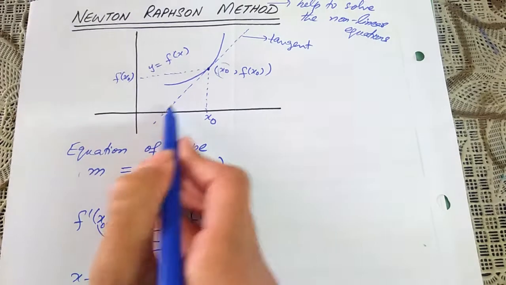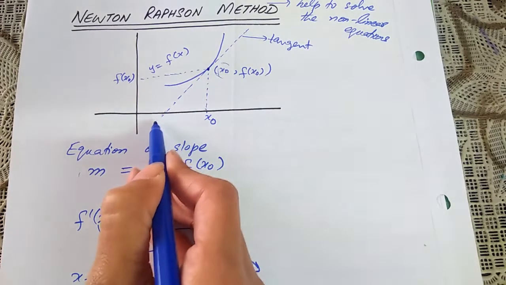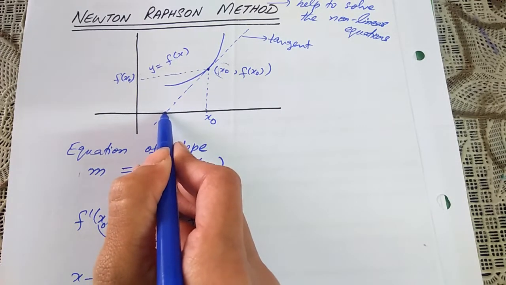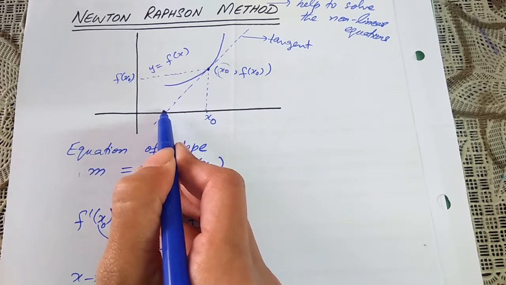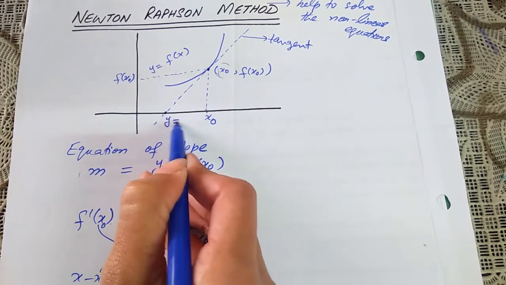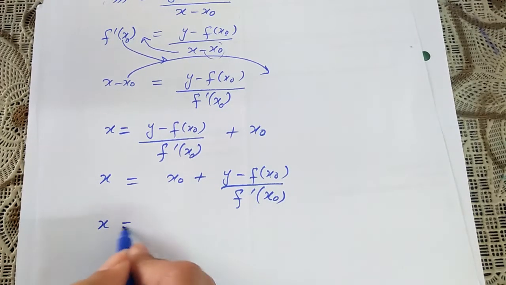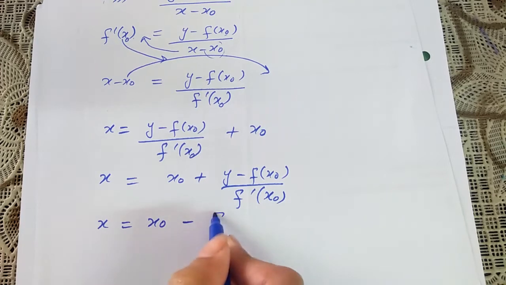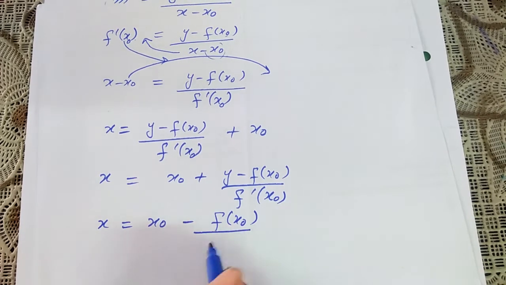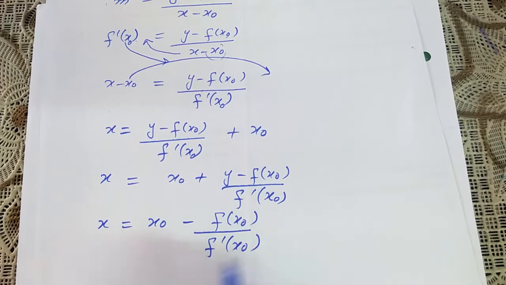Now this tangent line is cutting the x-axis at this point, and at this point y equals 0. So replace y equals 0 here. We'll get x equals x0 minus f of x0 divided by f dash of x0.